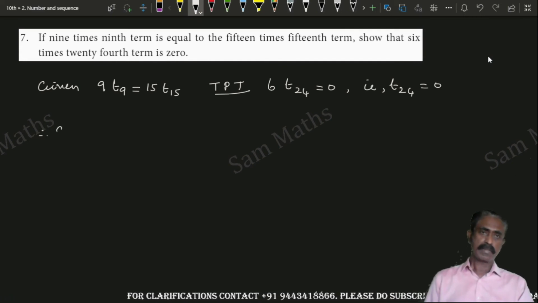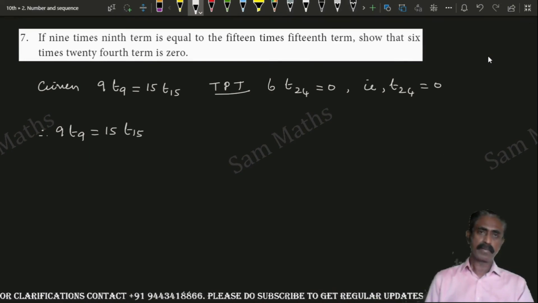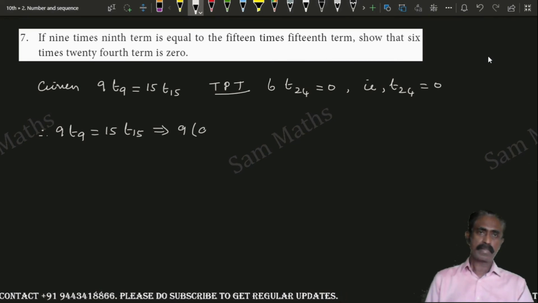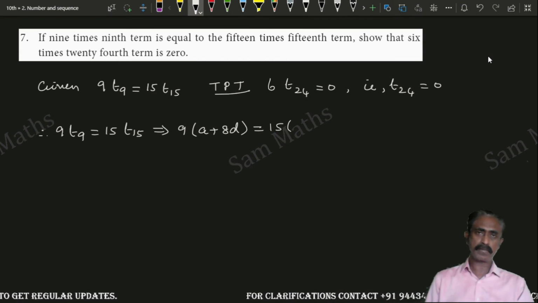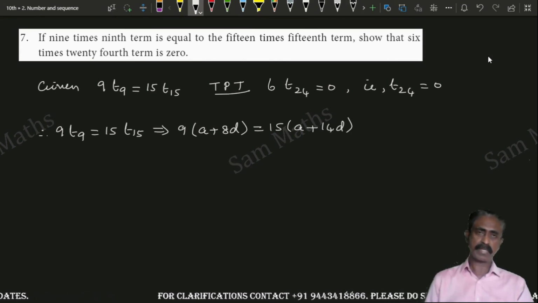Therefore, 9 times of T9 equal to 15 times of T15, which implies 9 into A plus 8D, the formula you know, A plus n minus 1 into D, that is 9 minus 1 is 8, equal to 15 into A plus 14D.